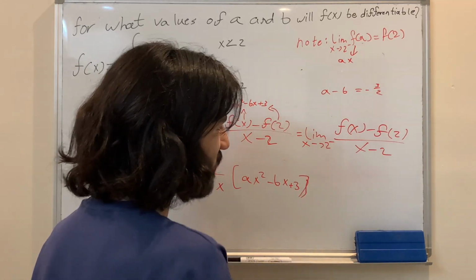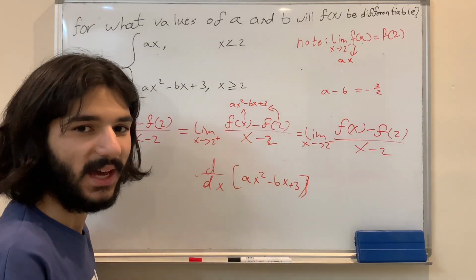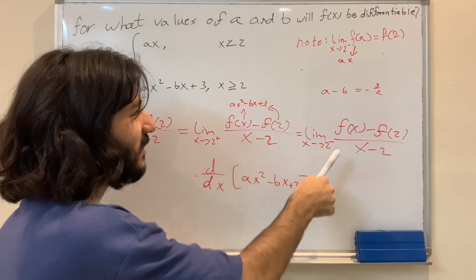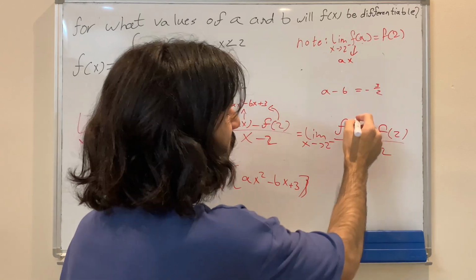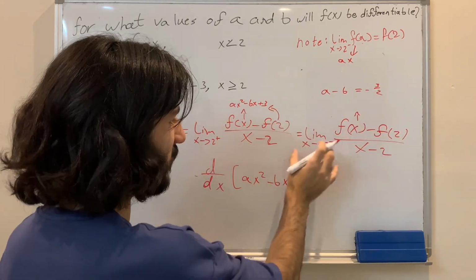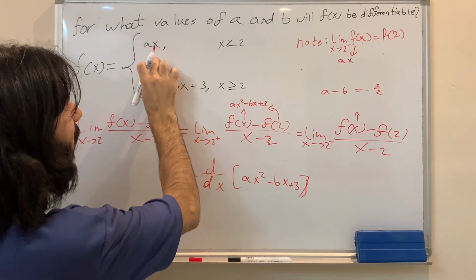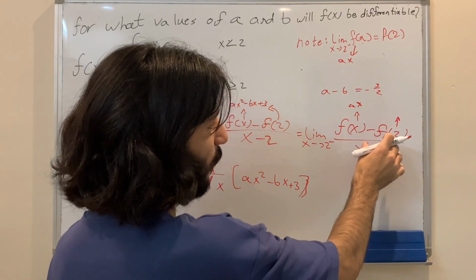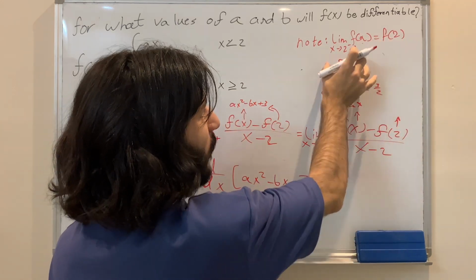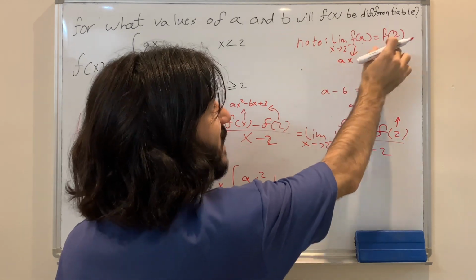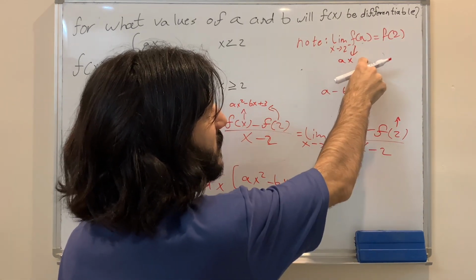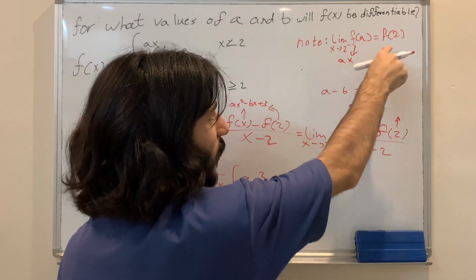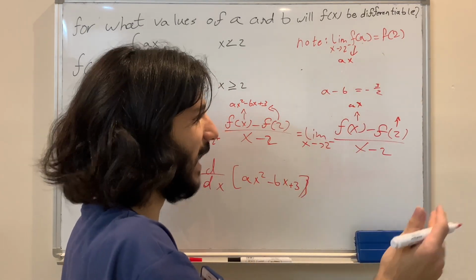And now this part, the left-handed side, it could have been a bit more trickier, but luckily for us this question saves us, because when we plug in f of x, we're going to be plugging in this, since this is the left side, we're going to take a of x. But when it comes to this, we know that the limit of f of x from the left side as x approaches 2 is equal to f of 2, and we know that this limit equals a of x, so f of 2 should also equal ax.